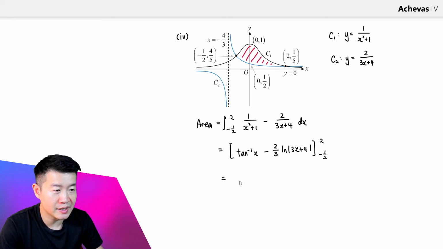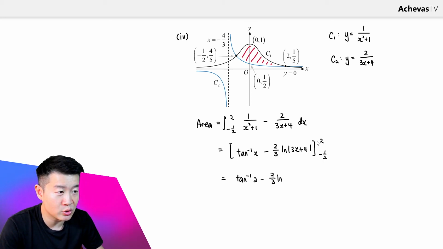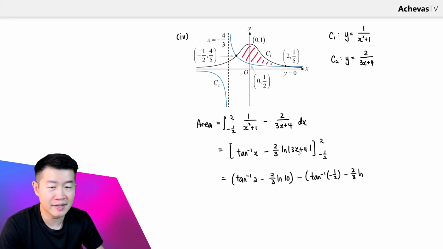Let's substitute this in. We will have tangent inverse 2 minus 2 over 3 ln of, substituting 2 in, 2 times 3 times 2, 6 plus 4, this is 10. So we'll have this minus away tangent inverse of minus half minus 2 over 3 ln of substituting minus half in.